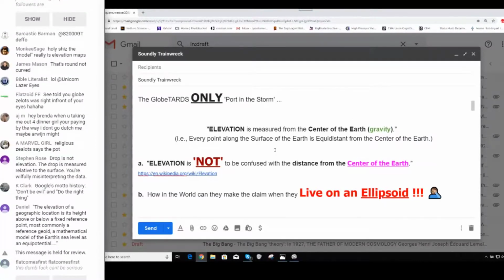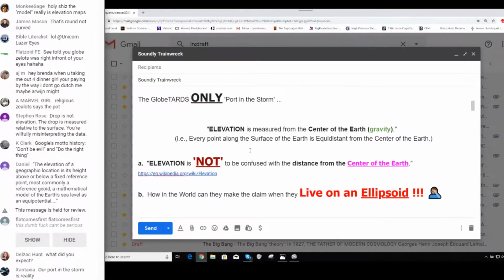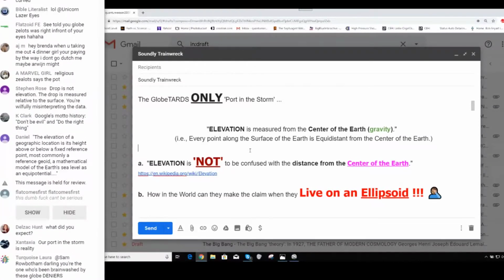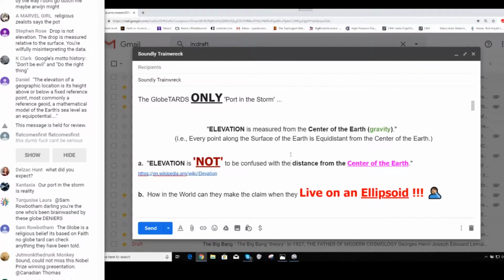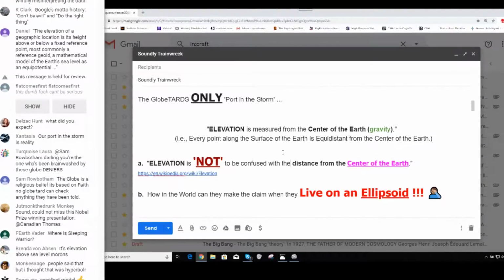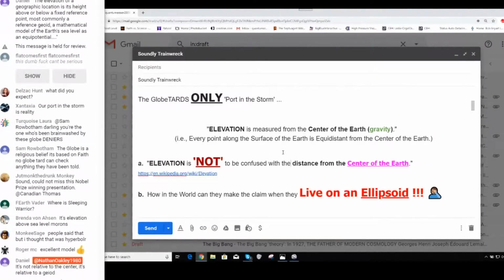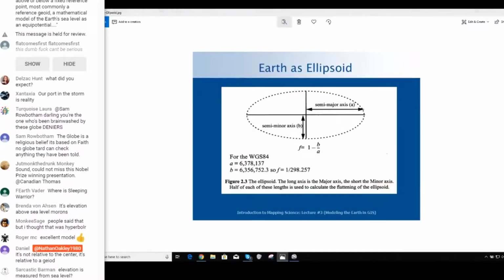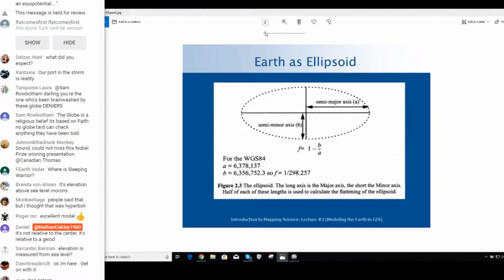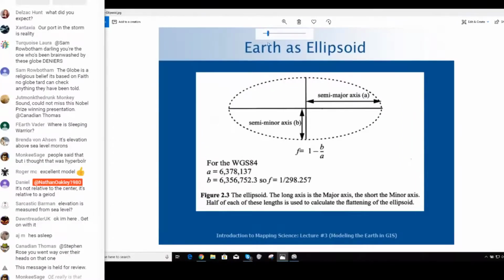Our retort, A, from their alma mater wiki: elevation is not to be confused with the distance from the center of the Earth. And B, how in the world can they make the claim when they live on an ellipsoid? Make us a little bigger so you can see it. So we're going to cross here and quarter this thing.